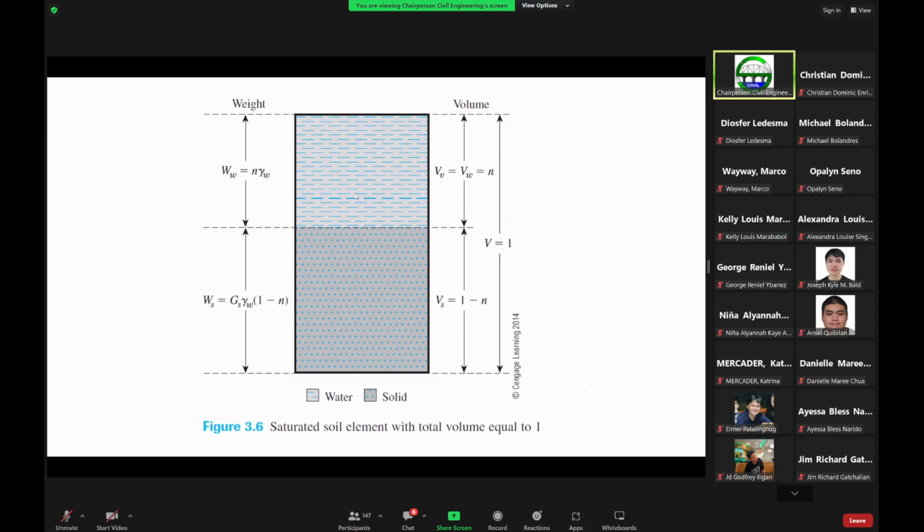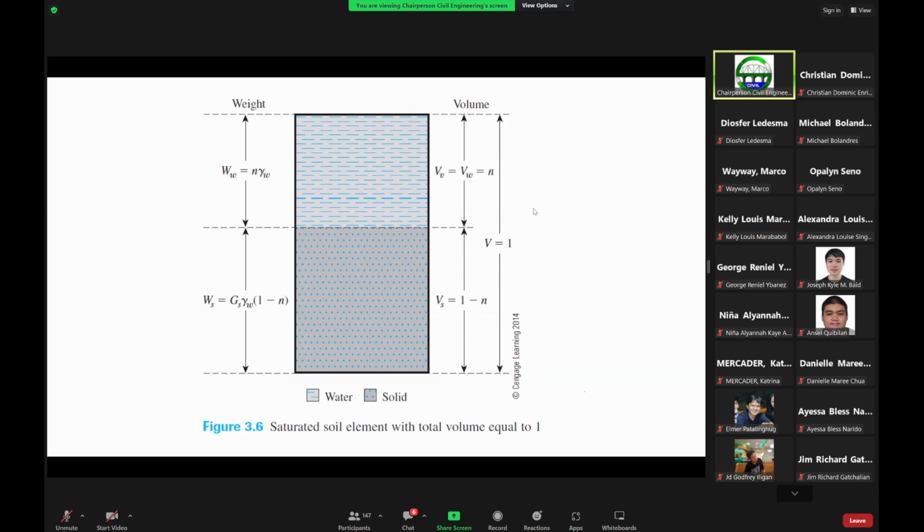So with that, the weight of the water is just equal to the unit weight of water multiplied by the porosity. Earlier, when the volume of solids is equal to 1, this one is basically the void ratio.